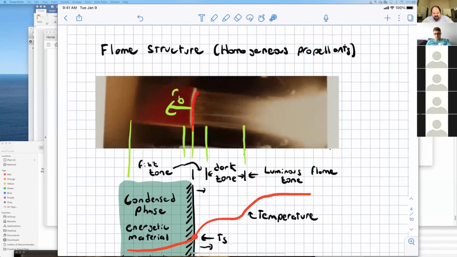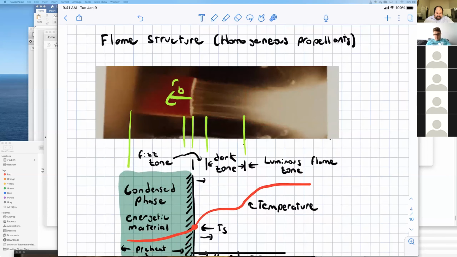Okay, and so the gas phase region for a homogeneous propellant is divided into a fizz zone. I don't know why it's called the fizz zone, it just is. A dark zone where there are essentially no chemical reactions, or they occur very slowly, and a luminous flame zone. Then in the condensed phase, there are two regions.